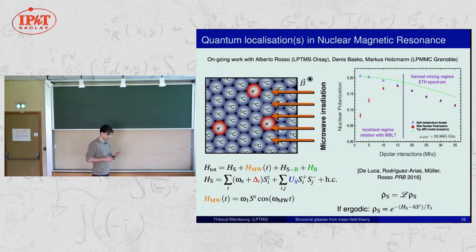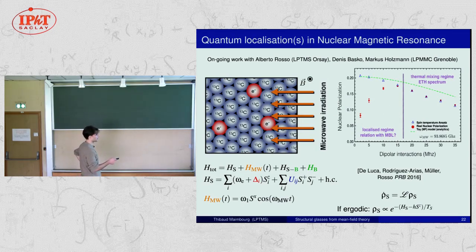If you have strong interactions, the ensemble of the system and the microwaves drives the system into an out of equilibrium state. And this out of equilibrium state is typically ergodic at large interactions, so it's described by some kind of effective Gibbs ensemble with, for example, an effective temperature associated with it.